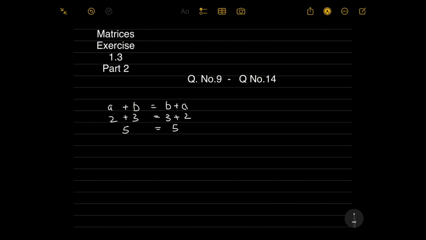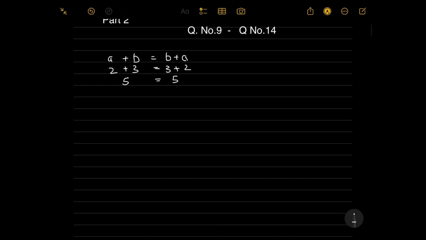So let's move on to the next property, which is the associative property of addition. The property is a plus b plus c equals a plus b plus c, grouped differently.